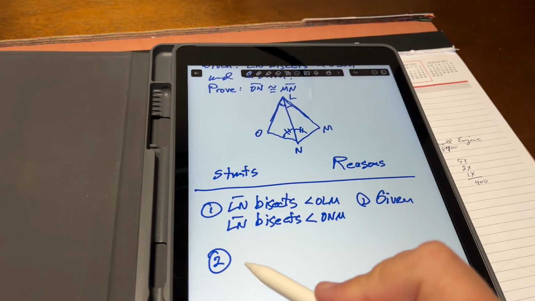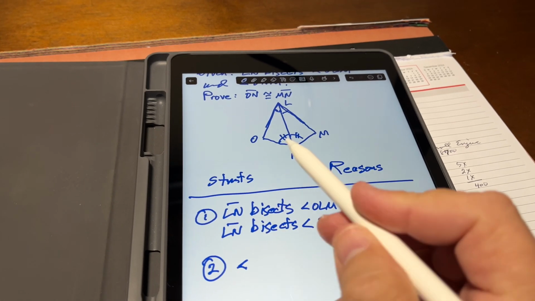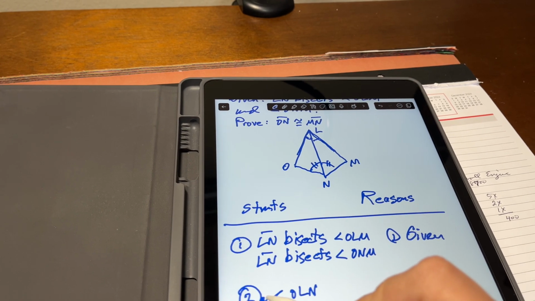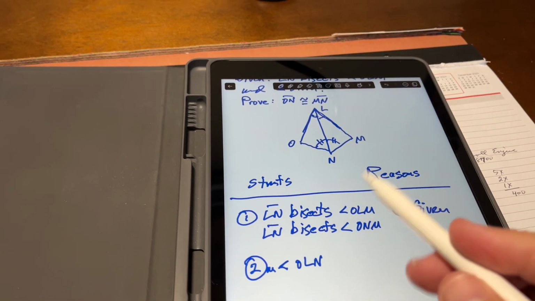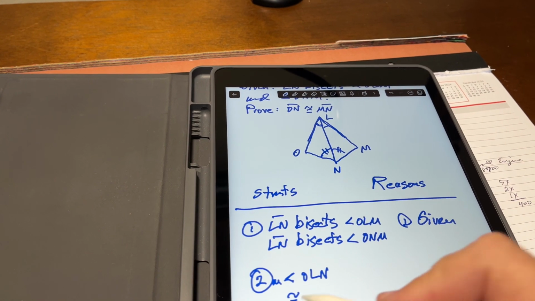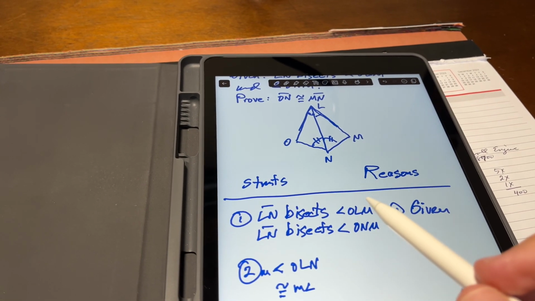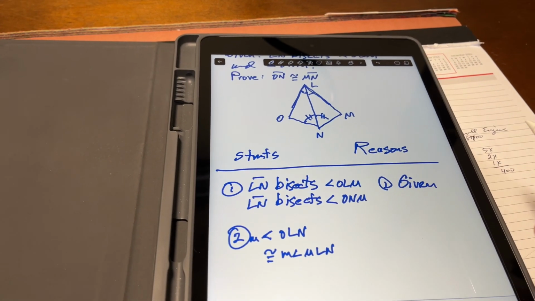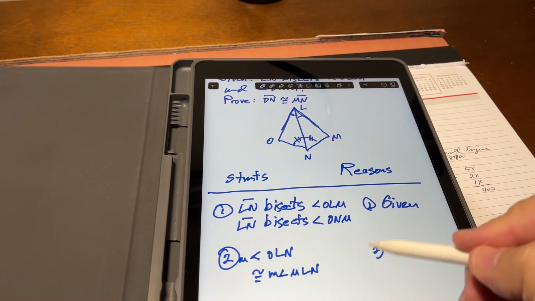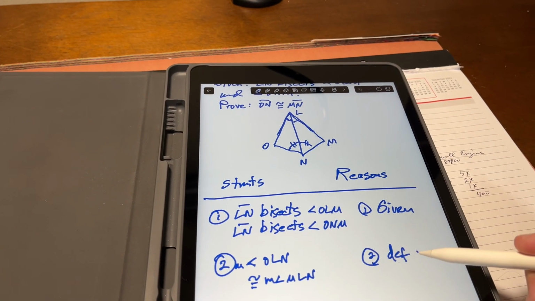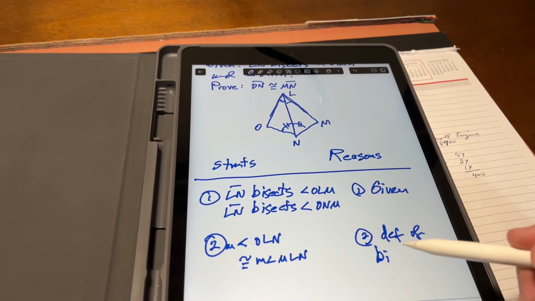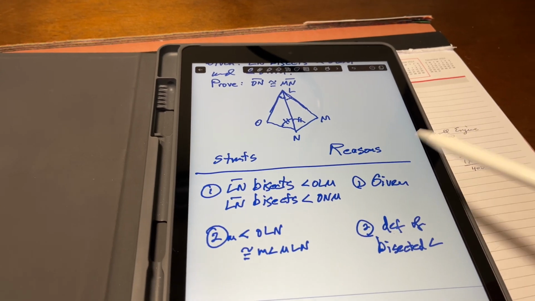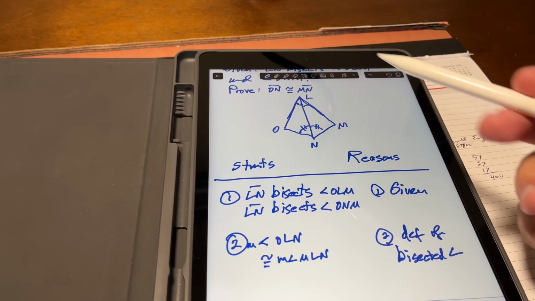So I'm saying that the measure of angle OLN is congruent to the measure of angle MLN. And that is by definition a bisected angle. So that's what it means for an angle to be bisected, is that those two angles up there are equal.